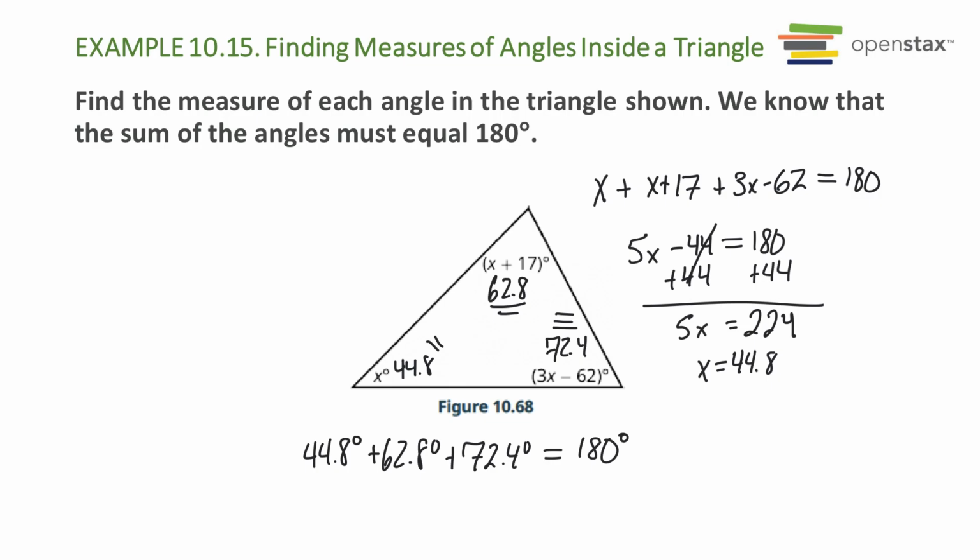So that is the measure of each angle, those 4 angles. And notice how they're all different. This is technically a scalene triangle, because if all the angles are different, all the side lengths will also be different.